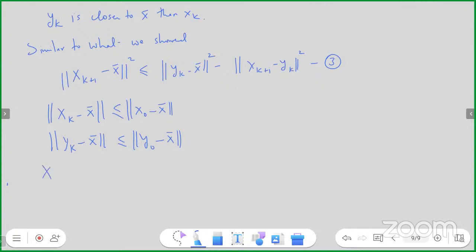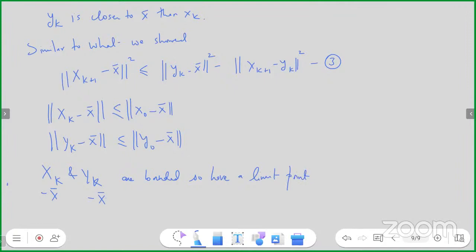So xk and yk, or xk minus x bar. I can't work with this alone. I have to keep looking at the distance. So xk minus x bar, yk minus x bar are bounded. So I have a limit point. I still don't know if they have a limit. All I know is they have a limit point.